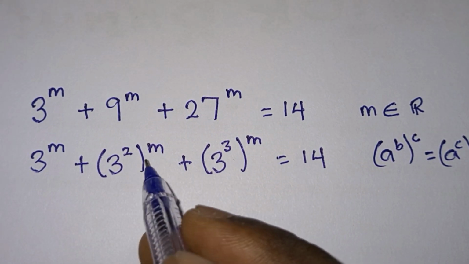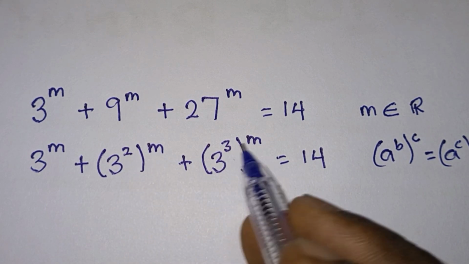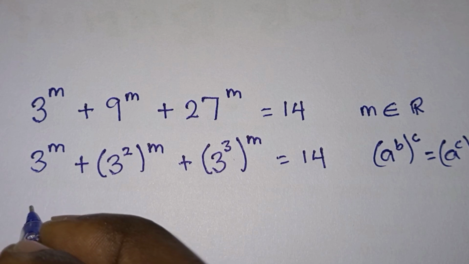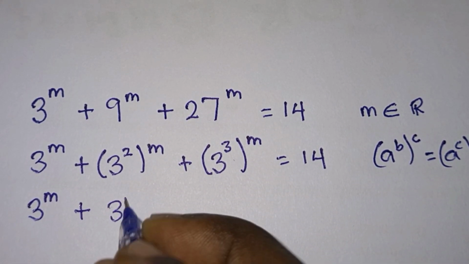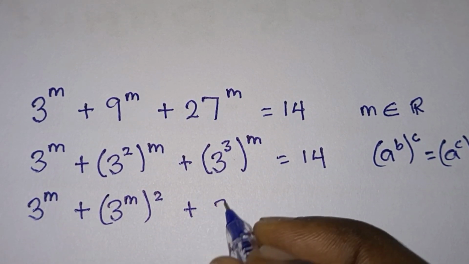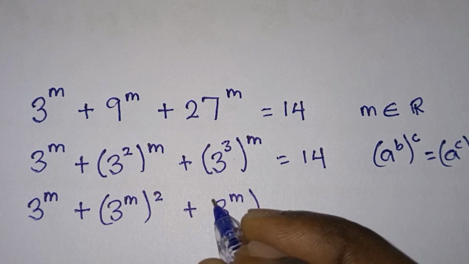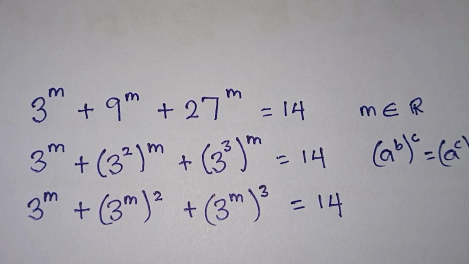So it means that we can change the positions of m and 2. Likewise, here we can interchange them, right? So we will have 3 to the power m plus 3 to the power m all to the power 2 plus 3 to the power m all to the power 3 is equal to 14.